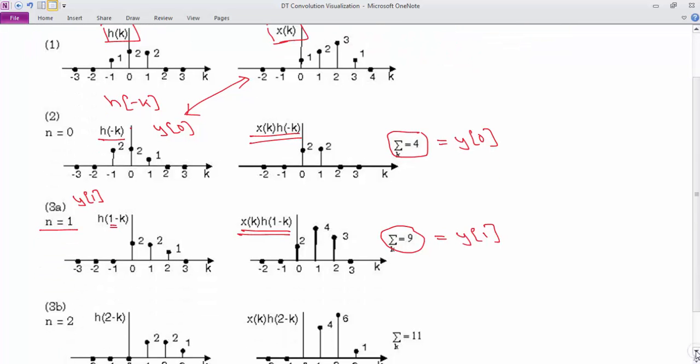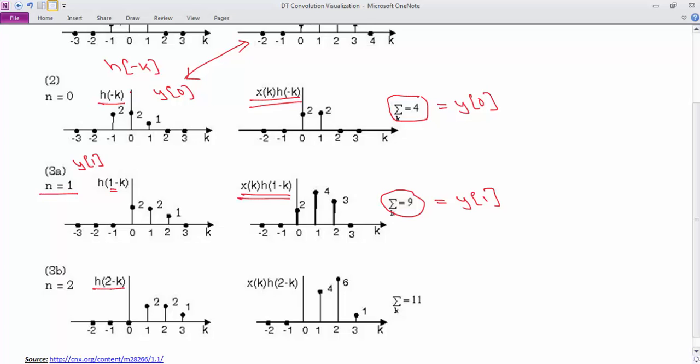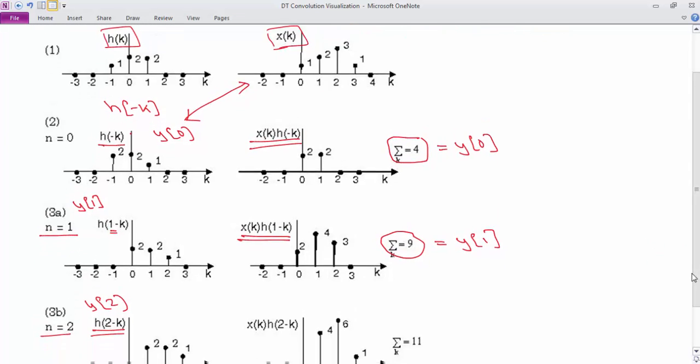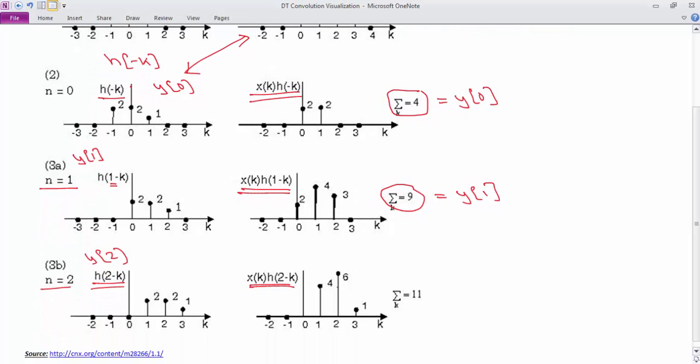If I want to now compute y of 2, then I shift my flipped version to the right. So this is for y of 2. I shift it to the right. I multiply it again with this x. This is what I get. Then I add all the values. I get 11, and that is my y of 2. Okay, so again, graphically is this version. You can also just compute it mathematically.